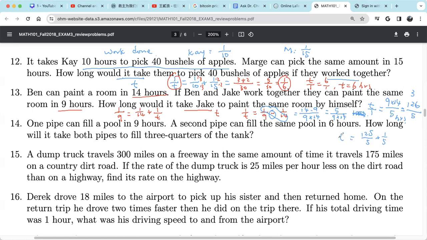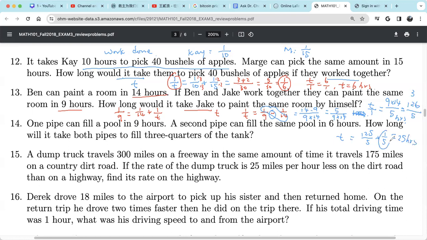So this is T. 125 divided by 5, that's 25. Oh, really takes him that long to finish it? Yeah. 125 divided by 5, that's 25. Then we have to convert, so 25 hours, then some minutes.